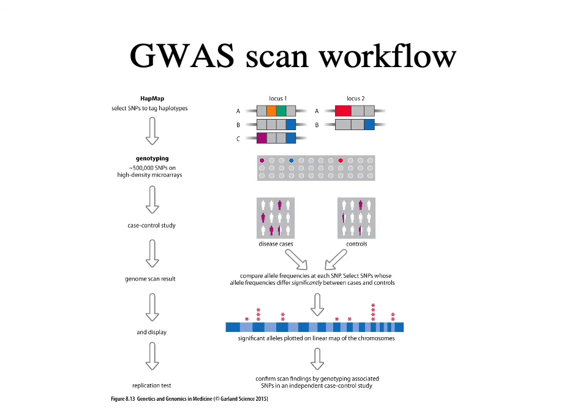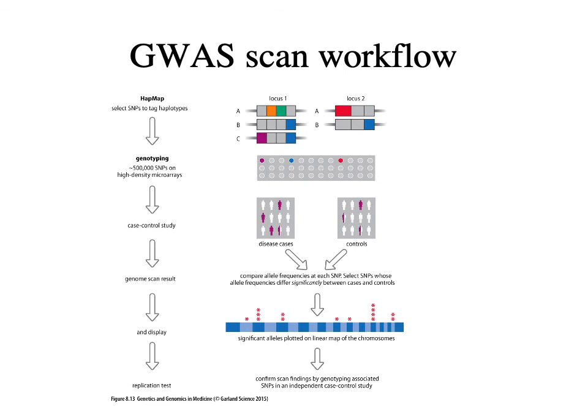How genome-wide association, or GWAS, studies are carried out. This slide depicts a typical GWAS workflow. Using haplomap data, representative SNPs are selected that will differentiate or tag the common haplotypes at each locus.